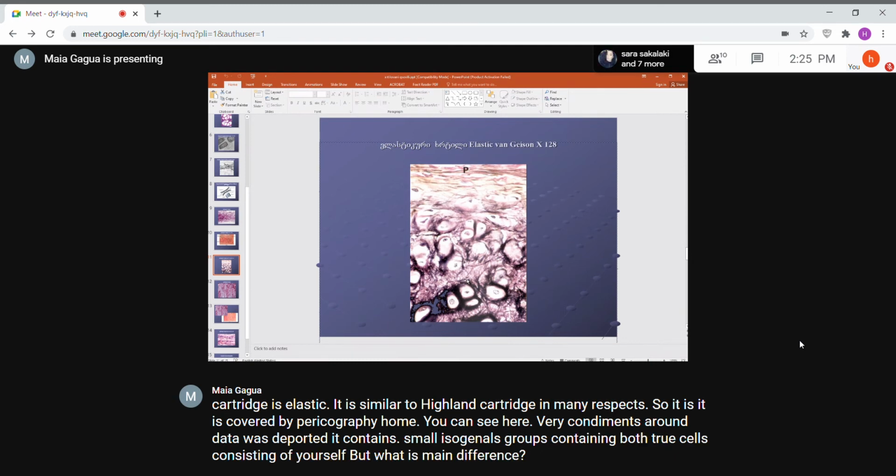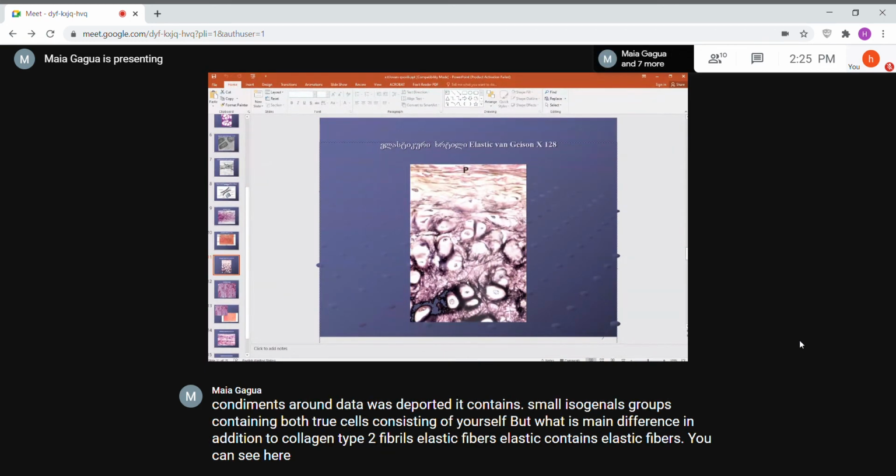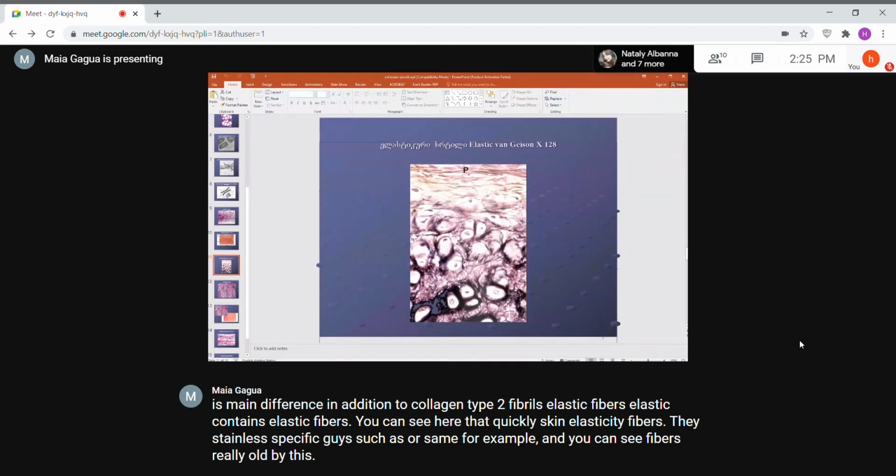But what is the main difference? In addition to collagen type 2 fibrils, elastic cartilage contains elastic fibers. You can see here darkly stained elastic fibers. They stain with specific dyes such as orcein, for example, and you can see fibers revealed by these dyes.